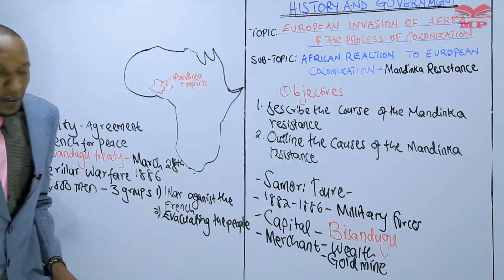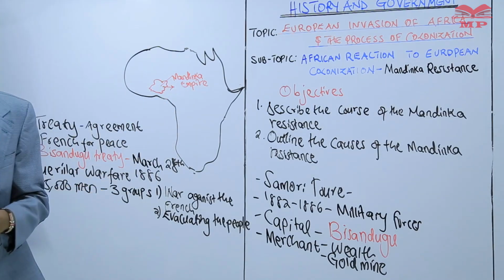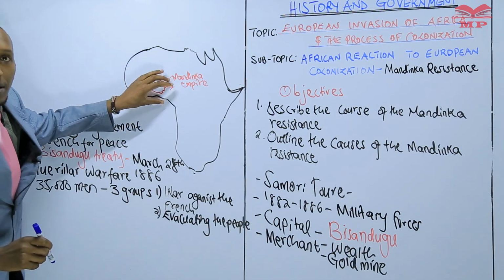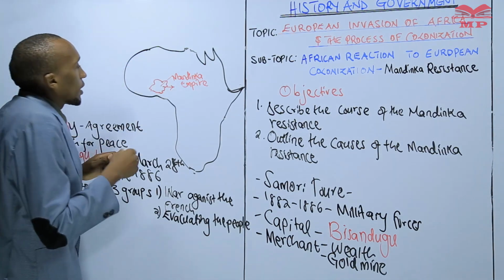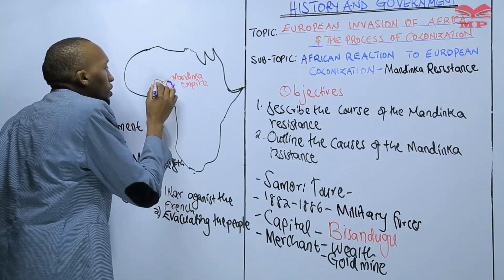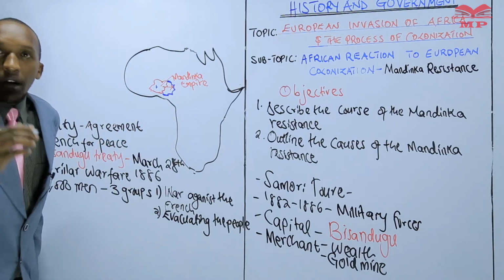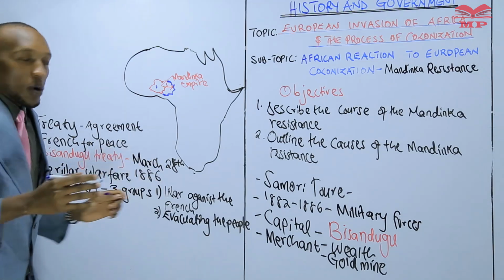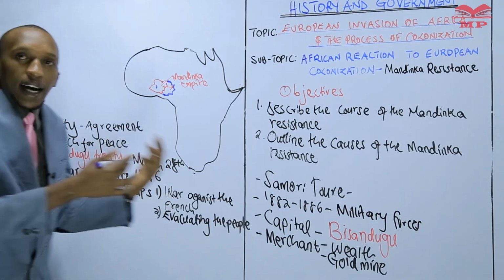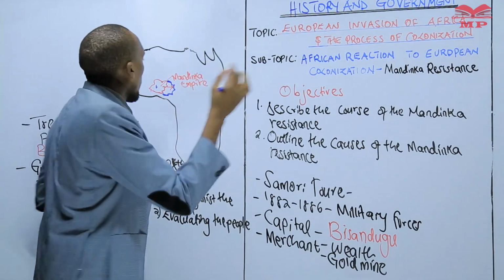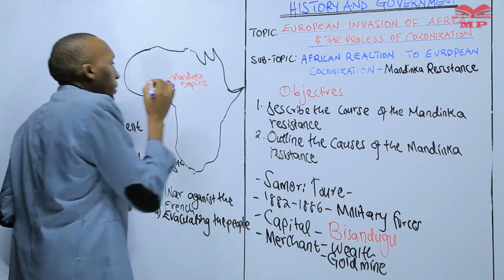They would leave the first place and establish another one. So let us call this the first place where they were having the empire and the people were living. After they make an attack, they would retreat and move eastwards and settle at place 2.